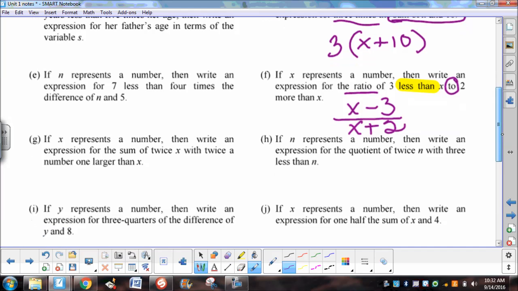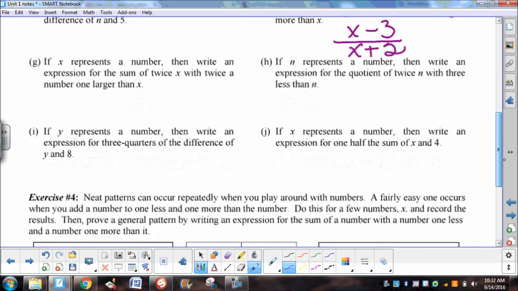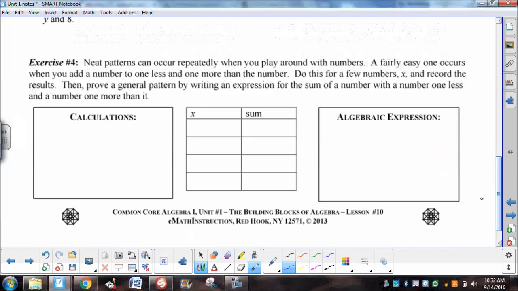You're going to do G, H, I, and J. And now let's go down to exercise 4. I love this exercise, it's so cool. It says, neat patterns can occur repeatedly when you play around with numbers. A fairly easy one occurs when you add a number to 1 less and 1 more than the number.